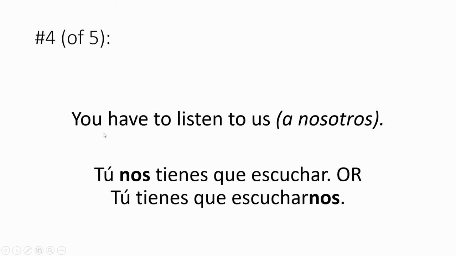This sentence has two verbs, have and listen. To say that someone has to do something, you have a conjugated form of the verb tener plus the word que and a verb that is not conjugated. Since you have those two verbs, that's why you had a choice of either before the conjugated verb or attached to the infinitive. Let's look at one more.